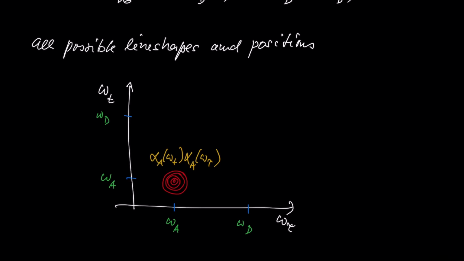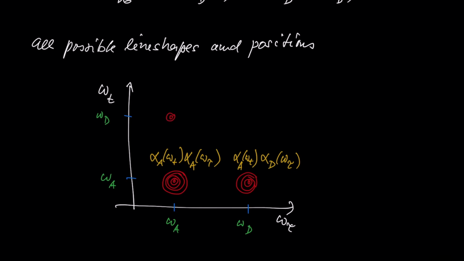The other situation that can occur is that we will, for instance, have alpha D at omega tau. That's a function placed around omega D, multiplied by alpha A at omega T. That's a different function, but they are similar, so we can have a spot, a contour, also here.